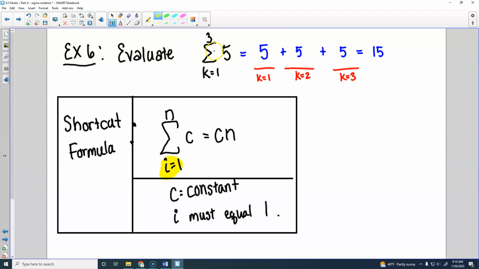So like on this one here, the sum from 1 to 3 of 5 is just 5 times 3, which is 15, right? So as long as your index right here is 1, you could just multiply these two together if you just have a constant.